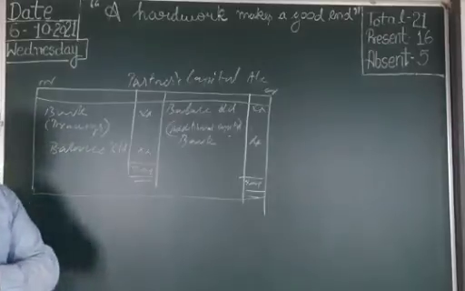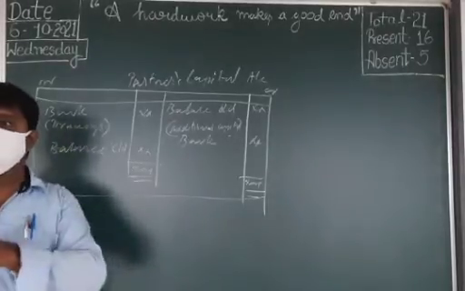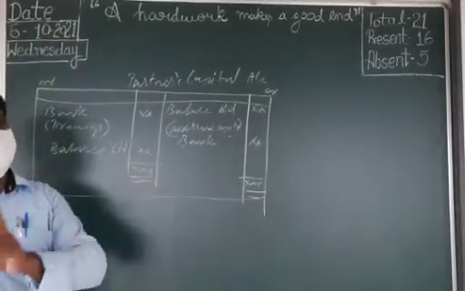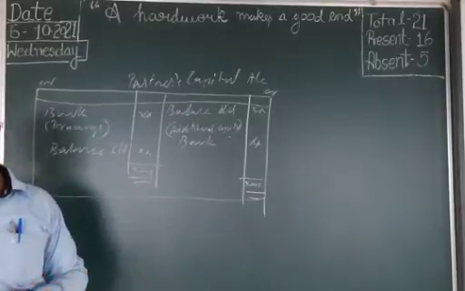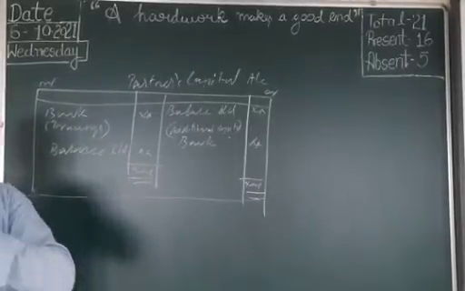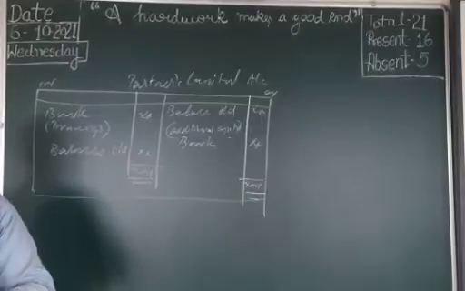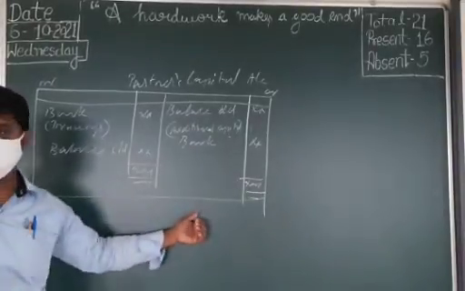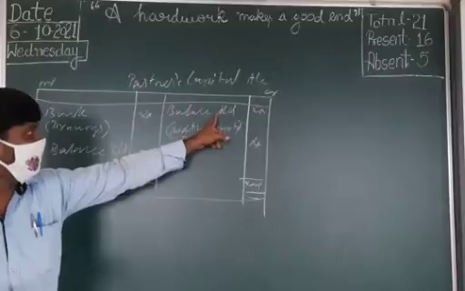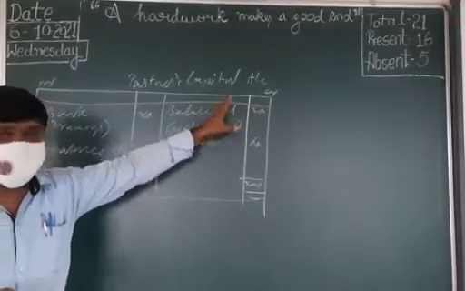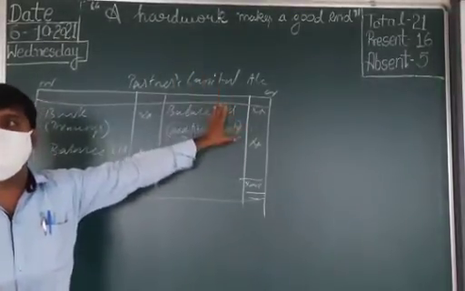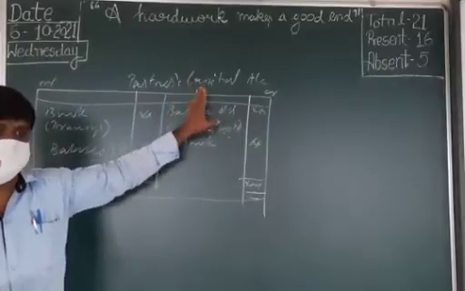But if there is a current account, there is a chance of either a debit balance or a credit balance. Got clear now? In the current account both chances are there. Here you see that we directly mention the balance drawn down on this side. That means the balance will always come on the credit side itself.